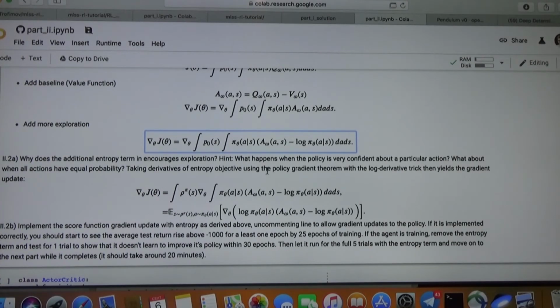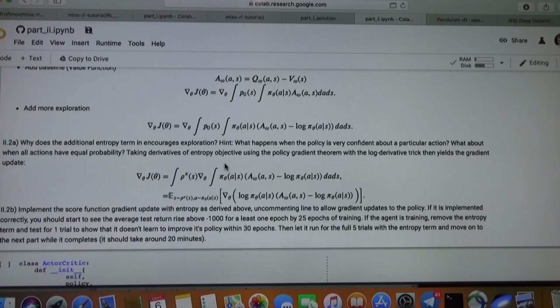So can anybody explain your intuition: why does adding this term encourage the agent to do more exploration? Any ideas? Pi is for a given state, a distribution over actions, right?